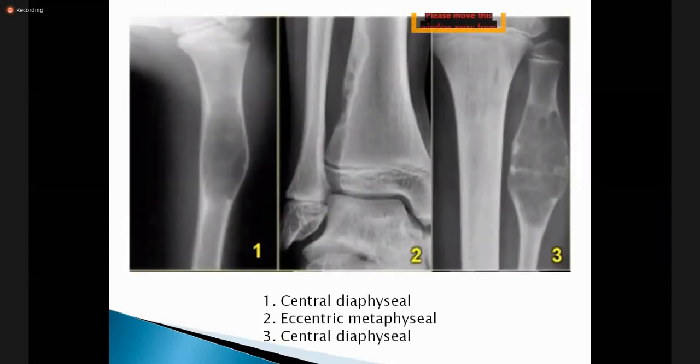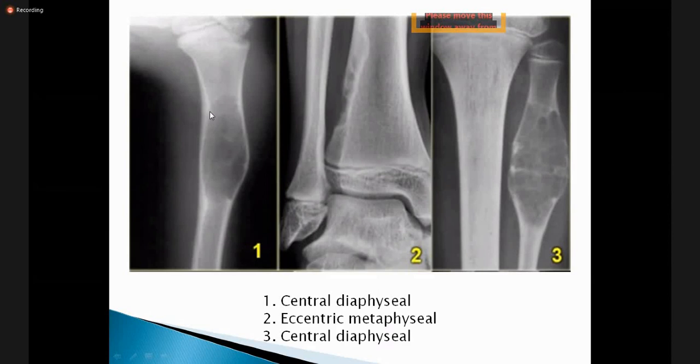So these are the multiple X-rays of different tumors. But just now we assess that this is a central tumor because it is in the center of the bone. This is the radius. So there is a central diaphyseal region. This is the cortical or eccentric metadiaphyseal region. Eccentric.